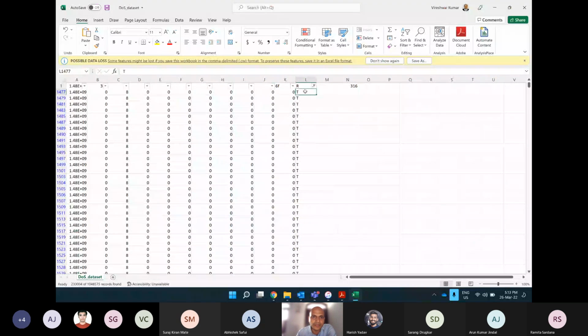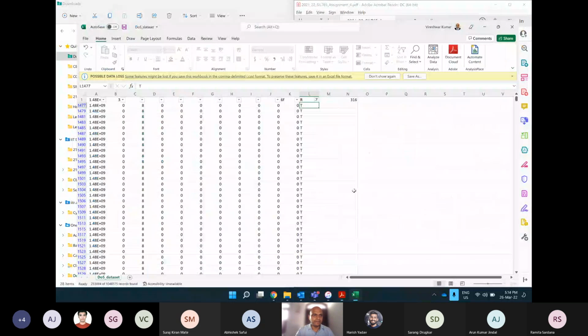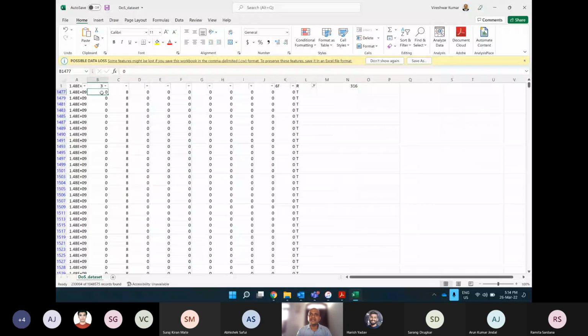So okay, that sounds good. So what you need to do is first see that you have to detect the denial of service attack, which means that some availability property is being violated.